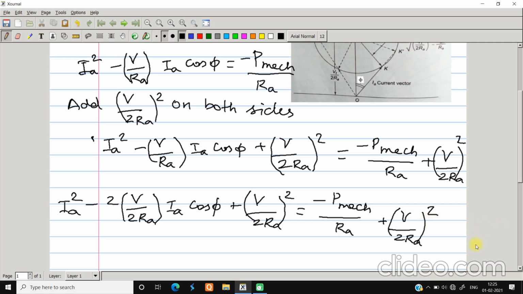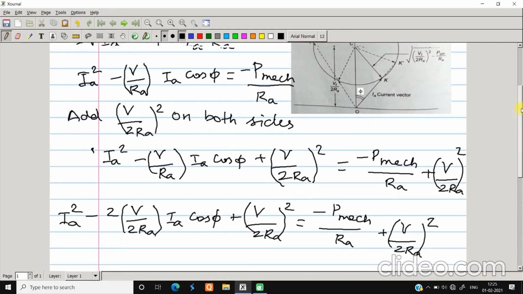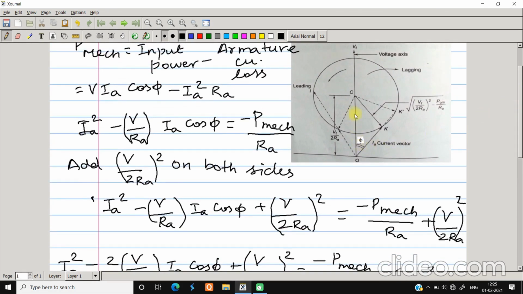So from this equation we can see that it gives a particular triangle which has Ia as one side and V by 2Ra as another side, and the angle between these two sides will be phi. Keeping that concept in mind, we will draw a triangle lying on the y-axis, which is set as Vt, the terminal voltage.